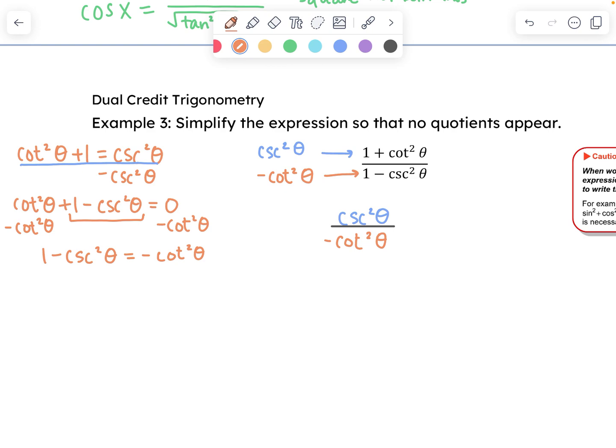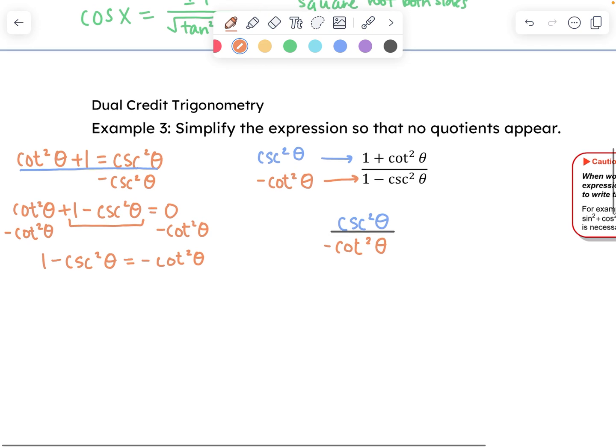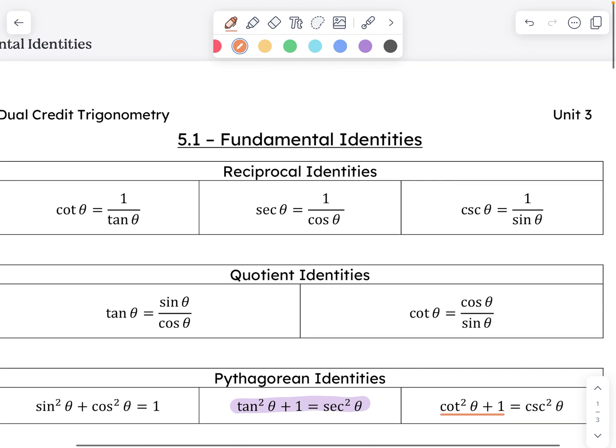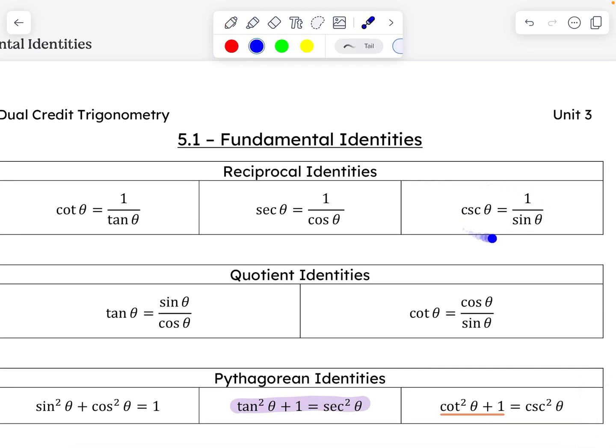The next thing that I would look at is my quotient identities, cosecant and cotangent up here. Well, cosecant is 1 over sine, and cotangent is 1 over tangent. I don't know if that 1 over tangent is going to help me.